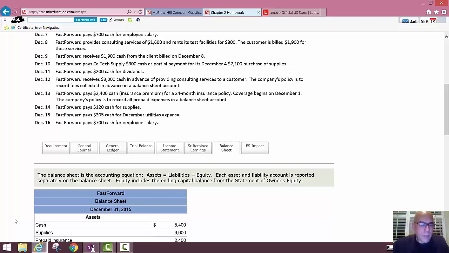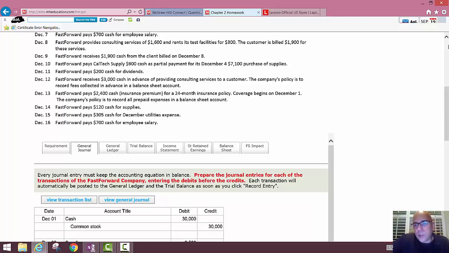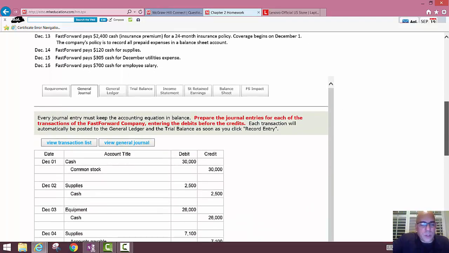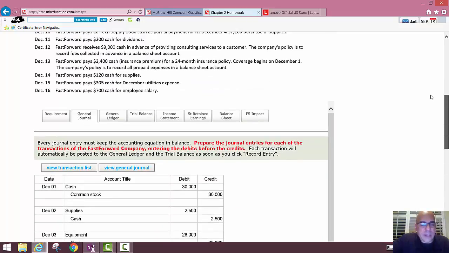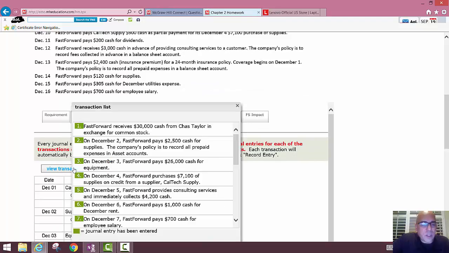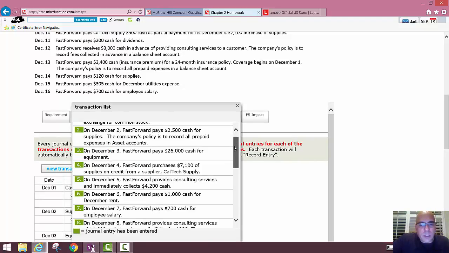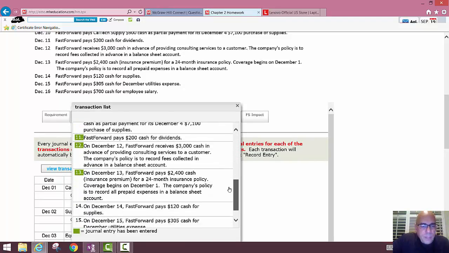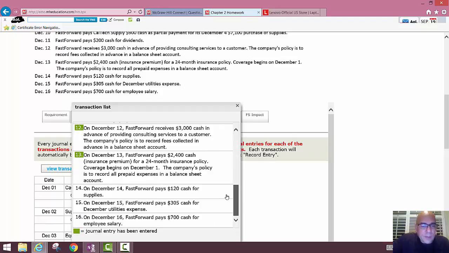Now what I would do, and I'm just going to go to the general journal now, and just record a transaction even though they're not asking for it in one of these. So view transaction list, and I'm just going to go ahead and stick it here for a second.